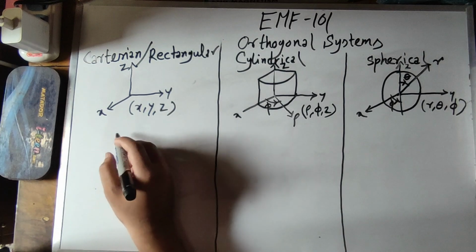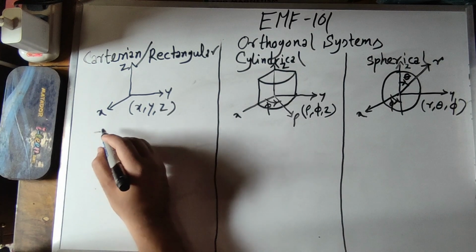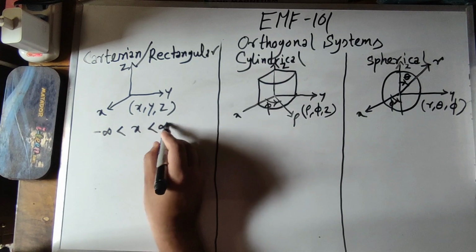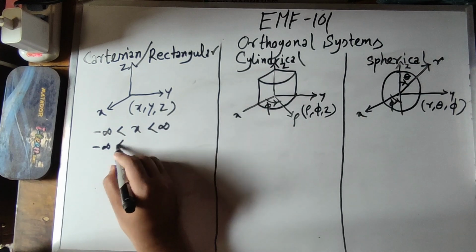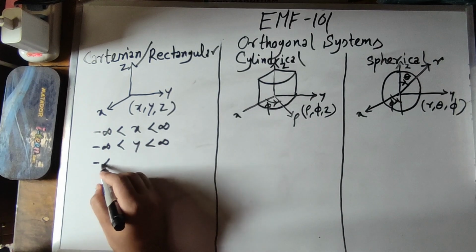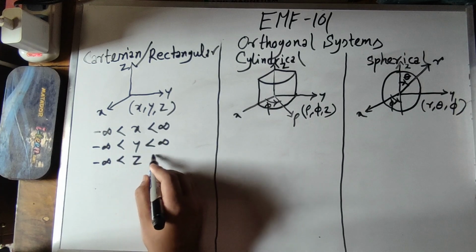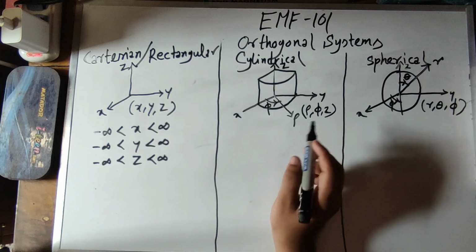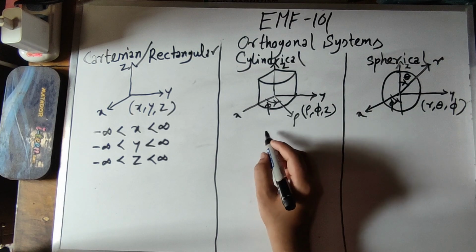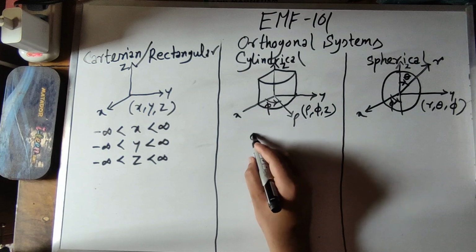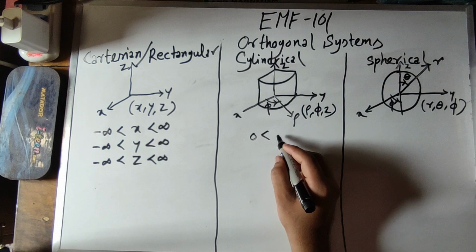The ranges of the x, y, z variables are minus infinity to plus infinity. All three have ranges from minus infinity to plus infinity. For the cylindrical system, rho is the length, from 0 to infinity, the radius of the cylinder.